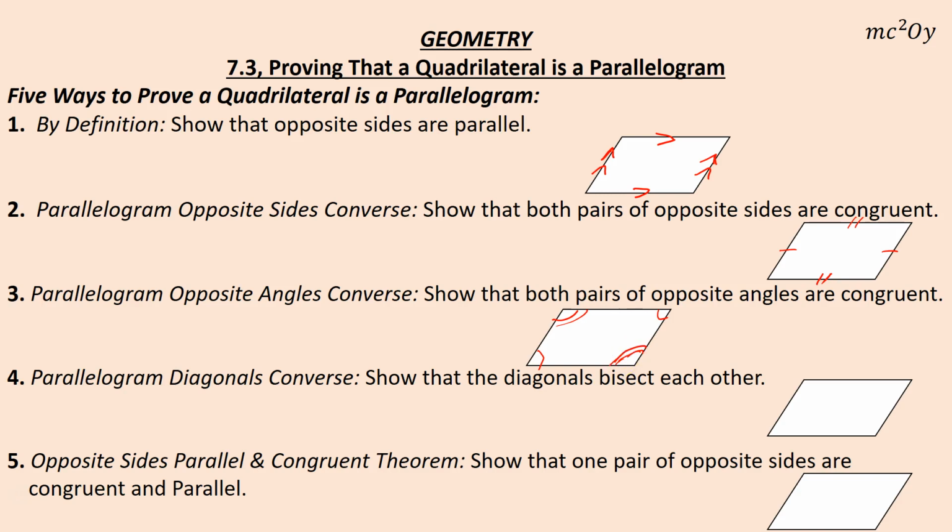And then we have the parallelogram diagonals converse, showing that diagonals bisect each other. So in a parallelogram, diagonals always bisect each other, meaning that their point of intersection is the midpoint of those diagonals.